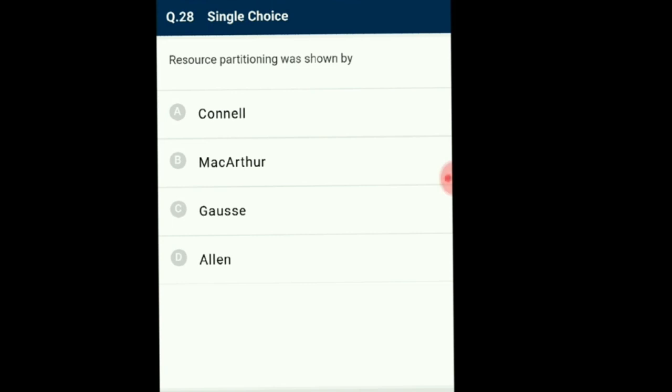Five closely related species of warblers could live on the same tree and avoid competition due to their behavioral differences. This was shown by MacArthur. So resource partitioning was shown by MacArthur. The correct option for this question is option B.